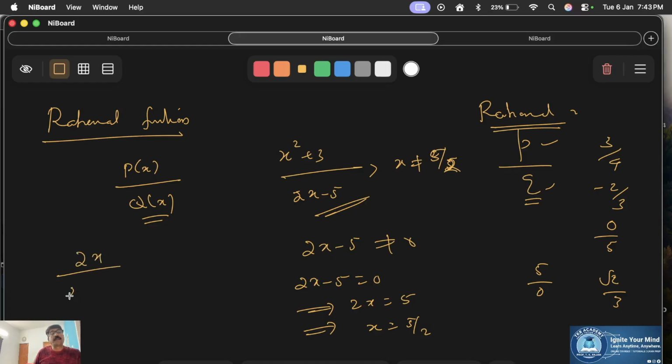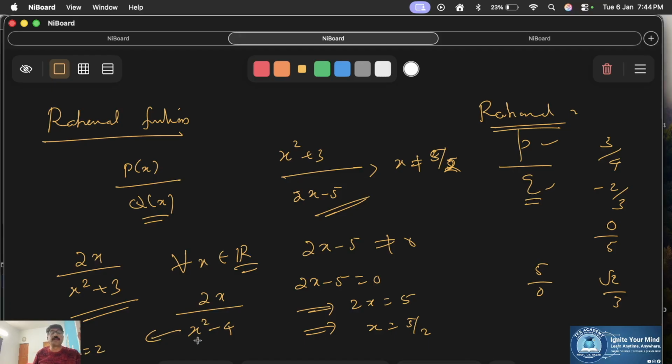2x divided by x square plus 3 is always a function. For all x in R, it is a function, because x square plus 3 is not equal to 0 for any x. Whereas if you take 2x divided by x square minus 4, then this function is not defined for x equal to 2.